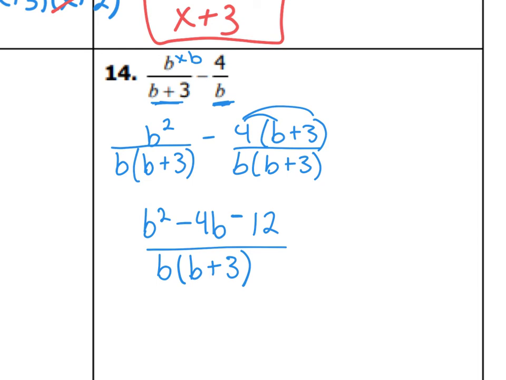On the top, I know I've got a trinomial there, which means I need to try the x method. I'll put -12 on top. On the bottom, I'll put -4. Two things that'll multiply to give me -12 that will add to give me -4. -6 and +2. Good.